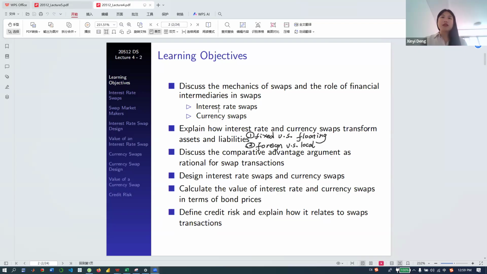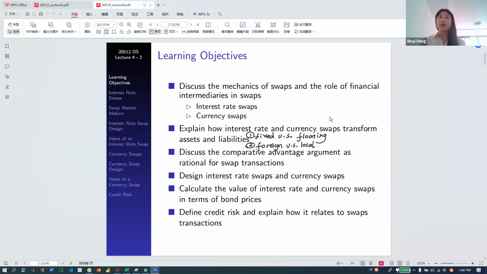And as we discussed earlier, we are going to talk about interest rate swaps and currency swaps. We are also going to explain how interest rate and currency swaps are able to transform assets and liabilities, so basically exchange the risk exposure. As I wrote here, you may be exchanging your fixed rate exposure for floating rate exposure.